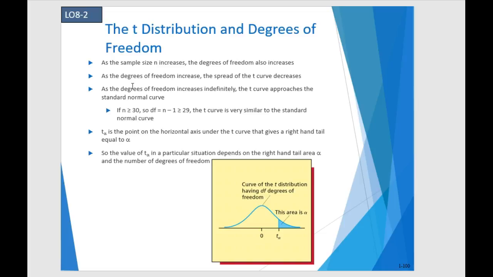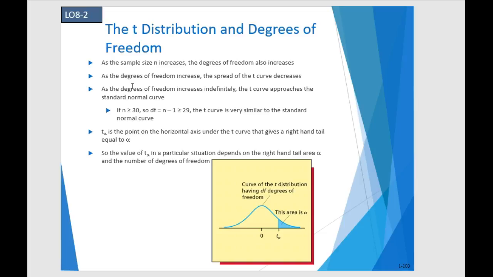t of alpha is the point on the horizontal axis under the t-curve that gives a right-hand tail. This is going to be a cardinal difference between the way that we look at these tables. Note this picture right here. It shows the curve of the t-distribution having degrees of freedom, and the area under the curve, alpha, is the area to the right. So it's not the cumulative area. The cumulative area is how the normal distribution is done.